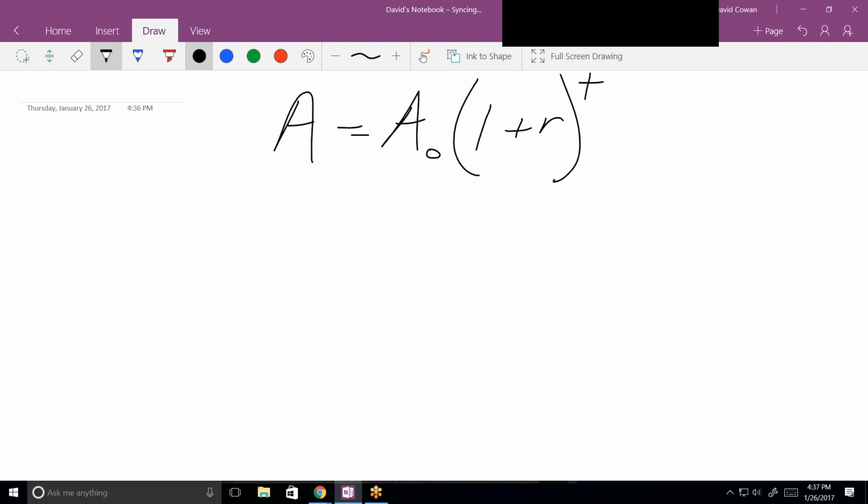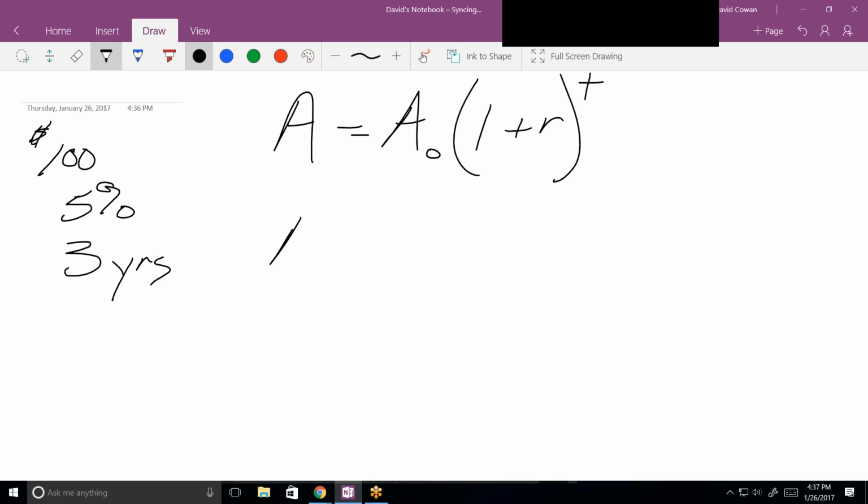So let's say you deposited $100 at 5% interest for 3 years. What would it be worth at the end of 3 years?